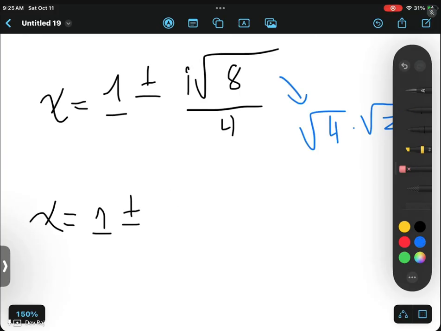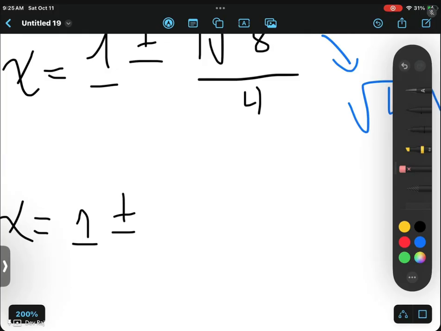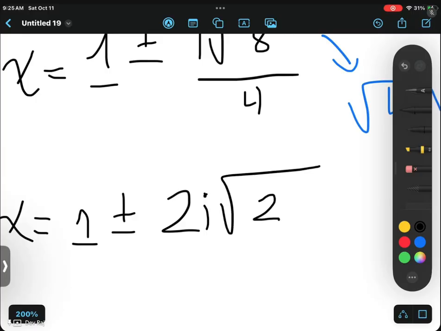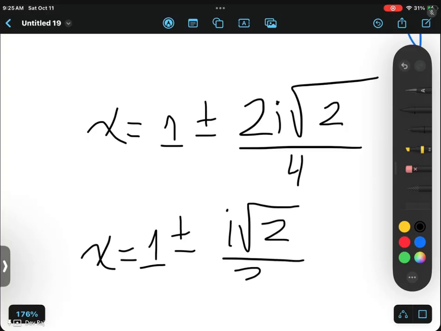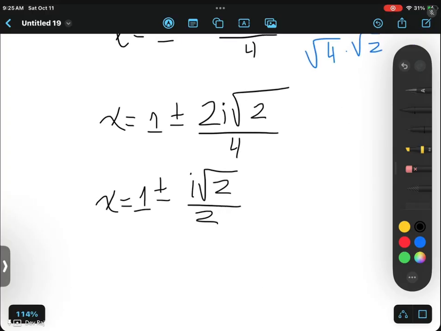And if we can take out a 2, this becomes plus minus 2i root 2 over 4. And then we can simplify 4 and 2 into just i root 2 over 2, right?